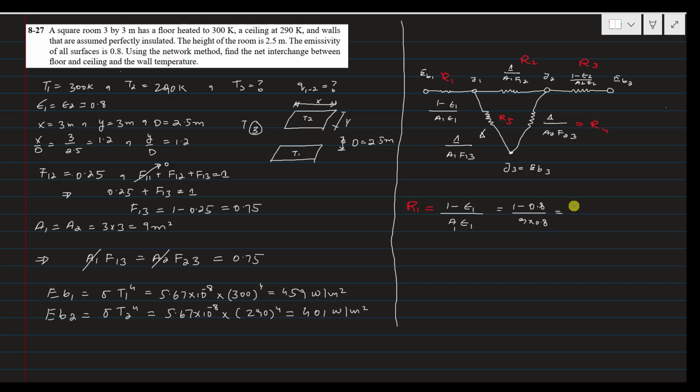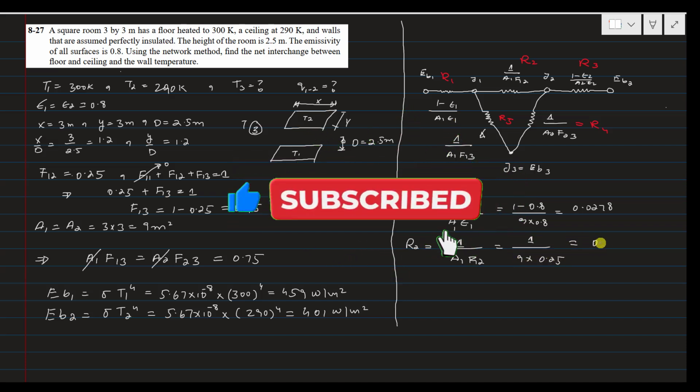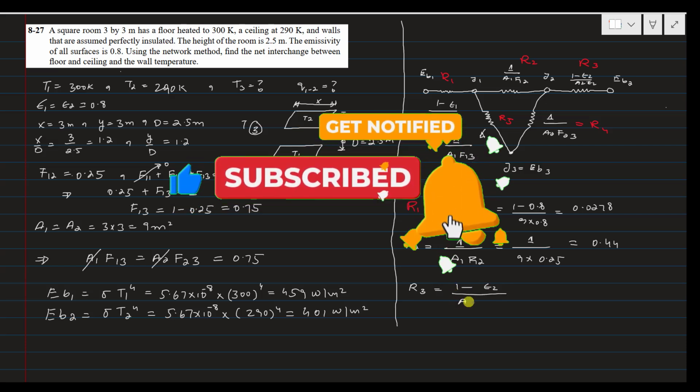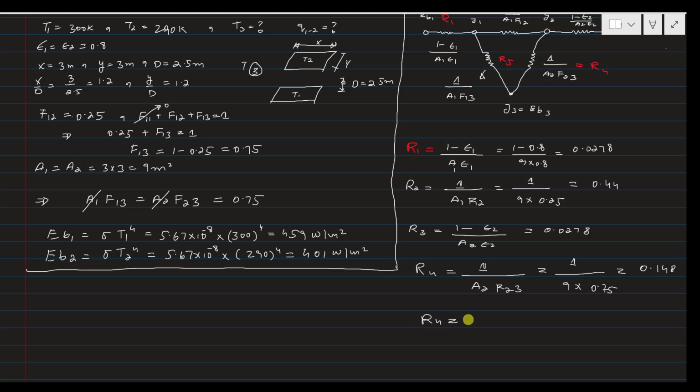So we get its value, that is 0.0278. R4 is equal to R5 and it is 0.148, because A2 is equal to A1 and F13 is equal to F23, so that's why R4 is equal to R5.